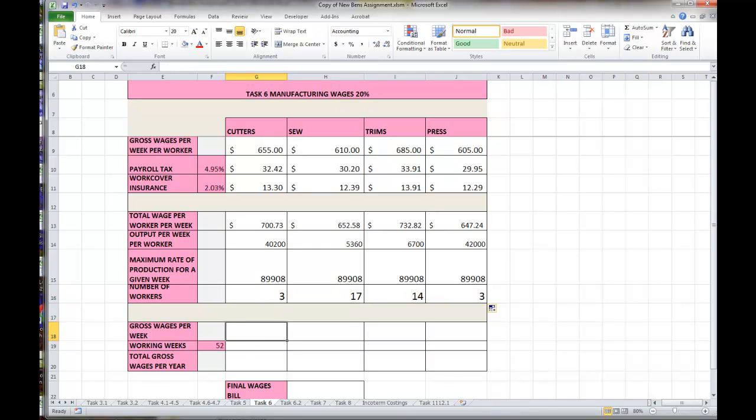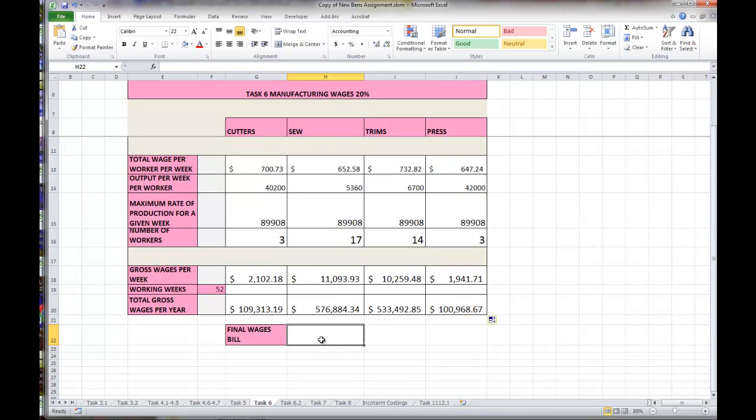Gross wage per week for each category is, if I've got 3 cutters and they earn $700.73 per week, then the total gross is 2,100 for those 3, and for a year it's simply that one multiplied by 52, and drag it across.